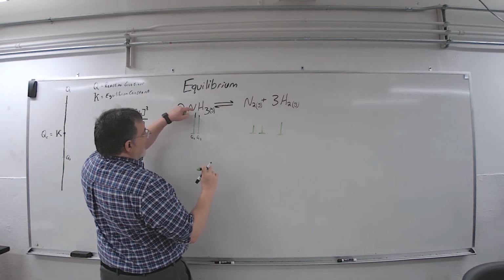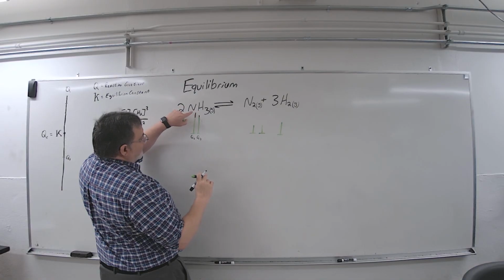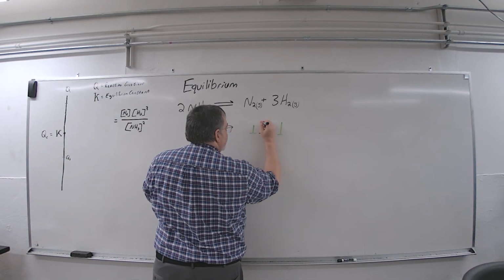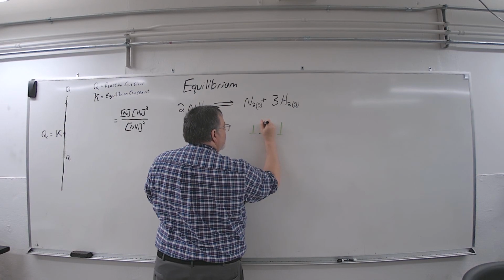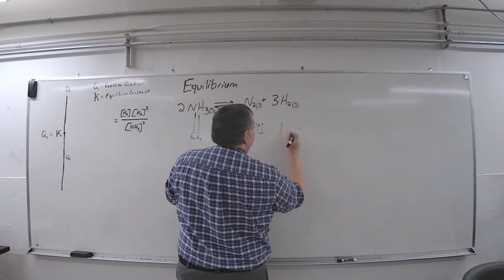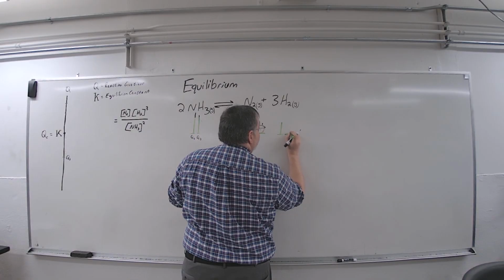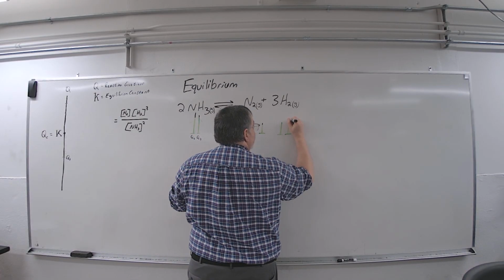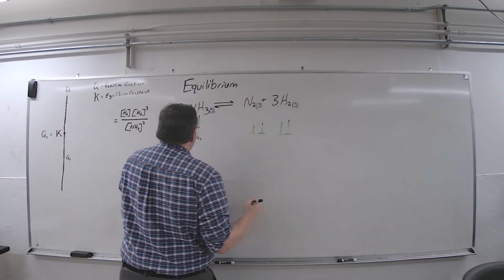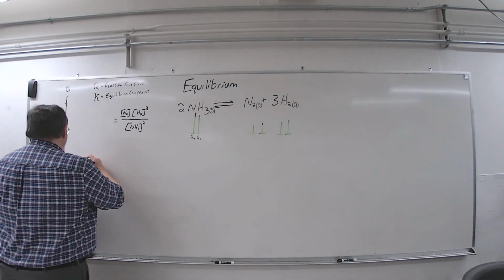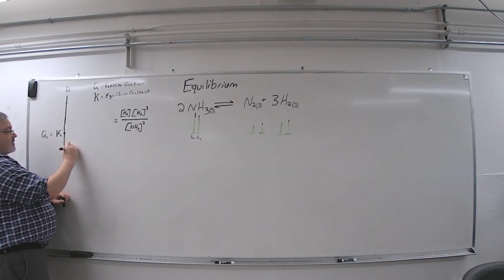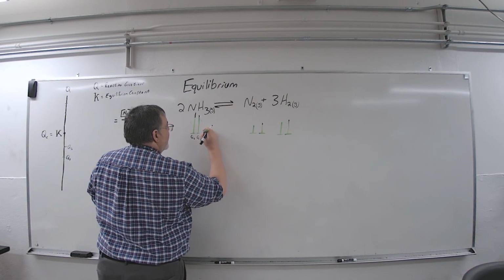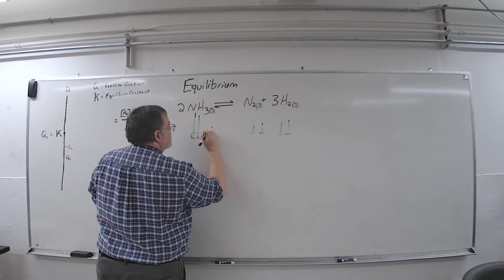So as this starts to go down from here down to here, this one goes up a little bit. You get a little more N2, and you get a little more H2. So this will go up a little bit. And then we just do one more. Let's say that's Q2.